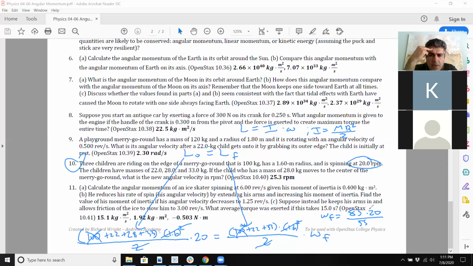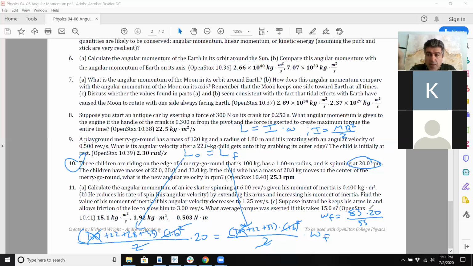Mr. Almashni? Yeah, go ahead. Could you just explain why you canceled out the 1.6 squared? Well, that's because the kids are on the edge. So that's going to be how far they are from the axis of rotation. So that's why we're using it as your radius, because you're trying to compute the inertia of the rotating object, which is the merry-go-round.